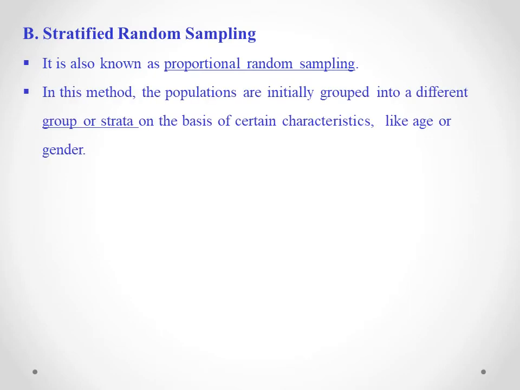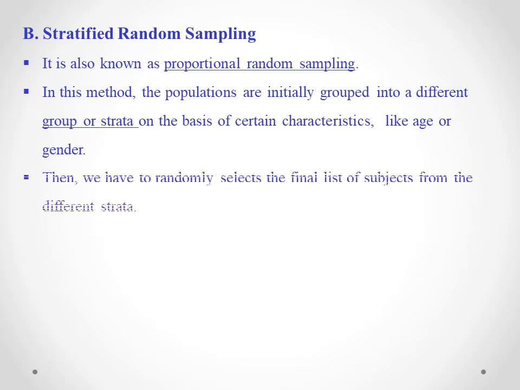Next one is the stratified random sampling method. It is also known as proportional random sampling. In this method, the population is initially grouped into different groups, called strata, on the basis of certain characteristics like age or gender. They will be grouped first.